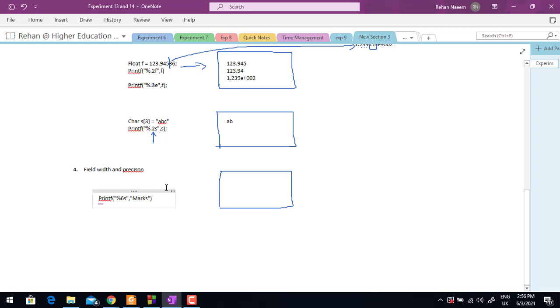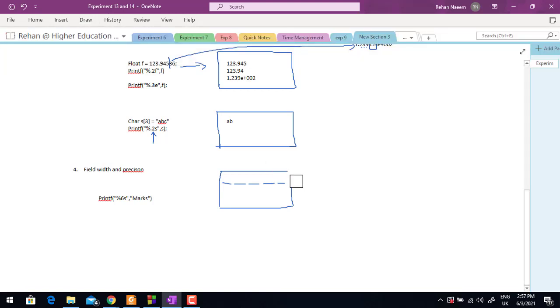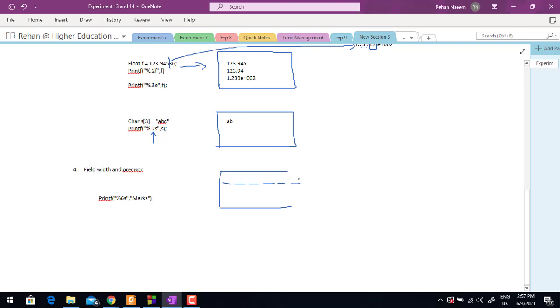But what will happen? 6 white spaces will be allocated to display the string marks. 1, 2, 3, 4, 5, 6.